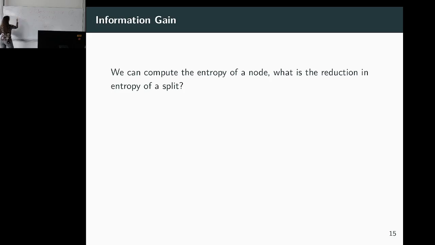Here, for example, this is the set left, and this is the set right. So you only need to understand for now that we have this impurity here and this impurity here, either entropy or Gini impurity.